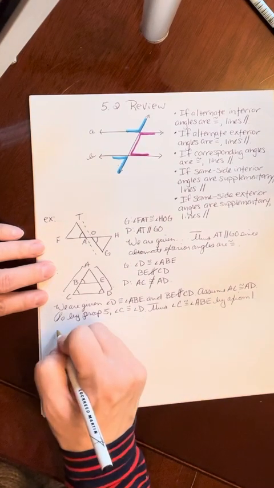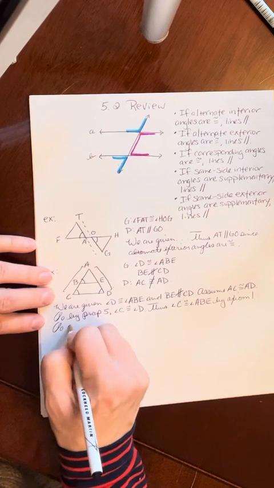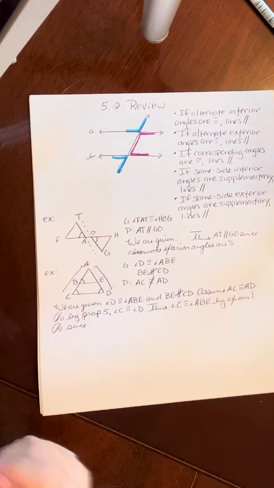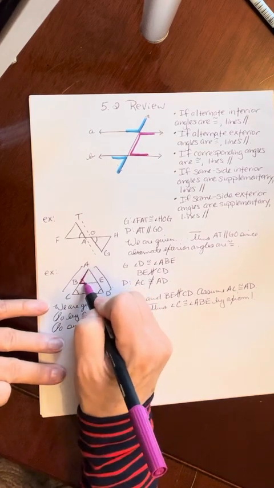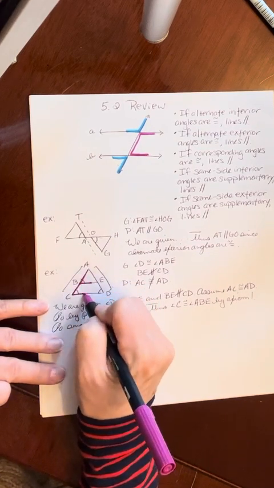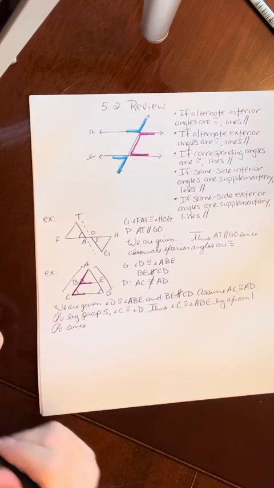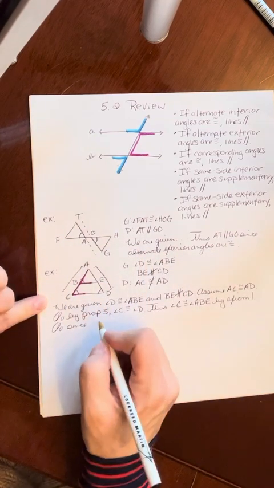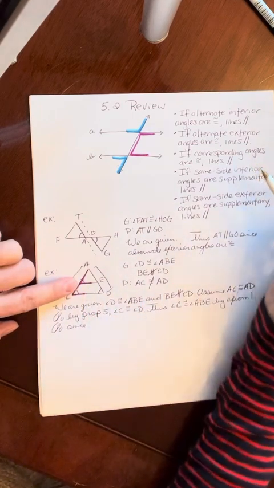All right, let's take a look real quick. ABE and angle C. So you notice what kind of angles those are? They form that upside down F, or the F shape. So that would make them the corresponding angles.